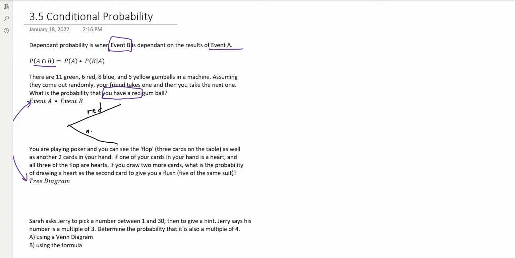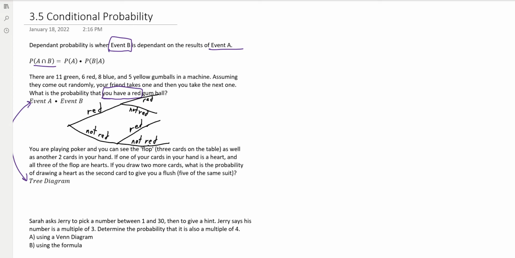Or he could choose not red. After that, you can choose red, or you could choose not red. After this point, you could choose red, or you could choose not red. So there's a few possibilities here.